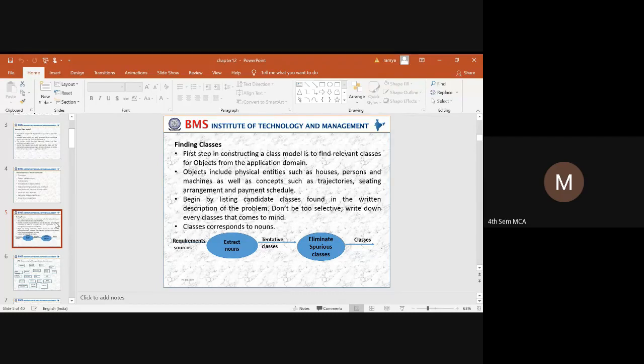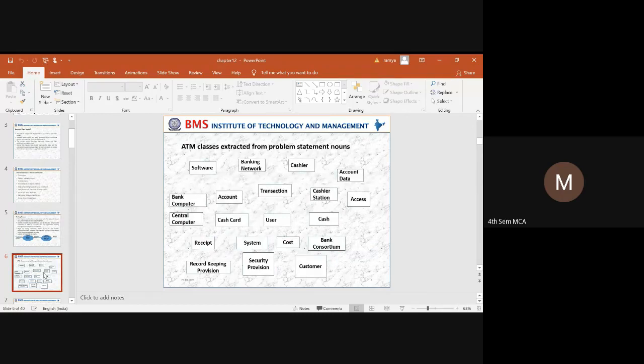So once the list of classes has been done, this is an example. We had taken a case study of an ATM class. For the ATM, how you can extract different classes with respect to the nouns. So here is a list of class names: banking software, cashier, account data, bank computer, central computer.